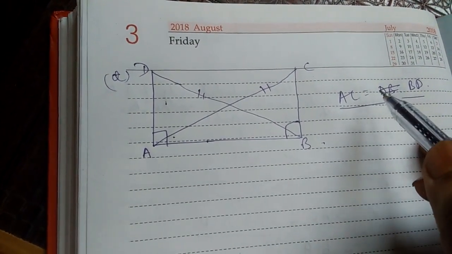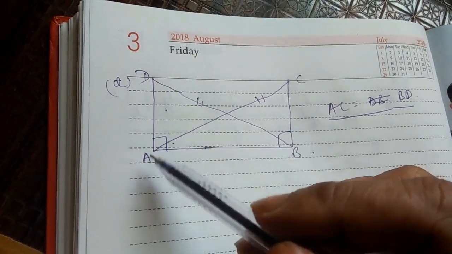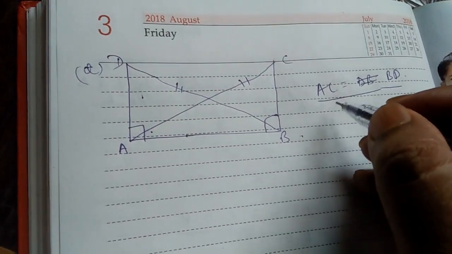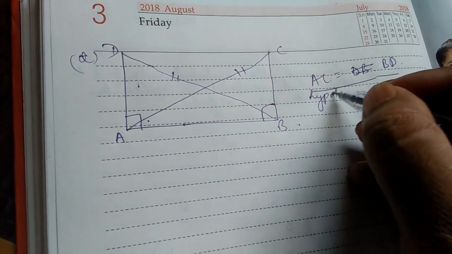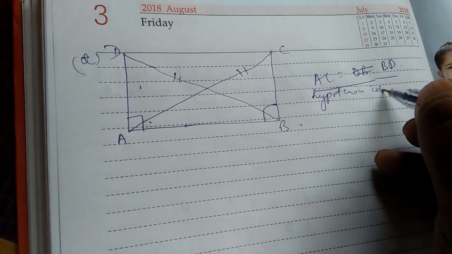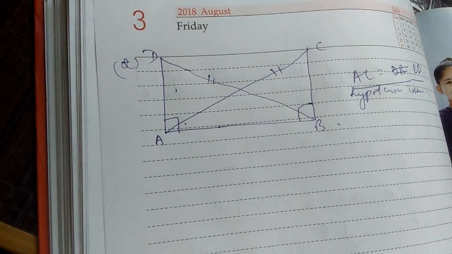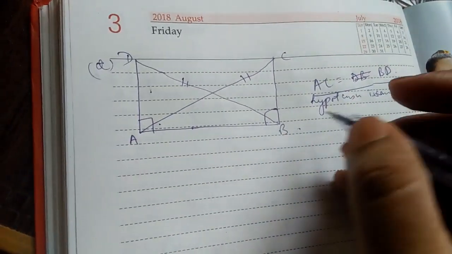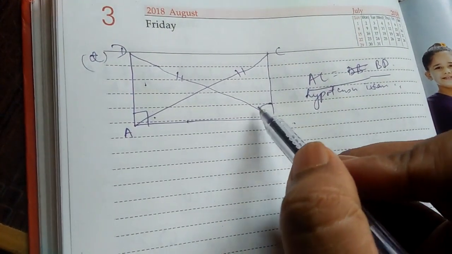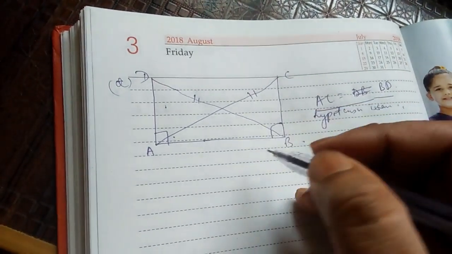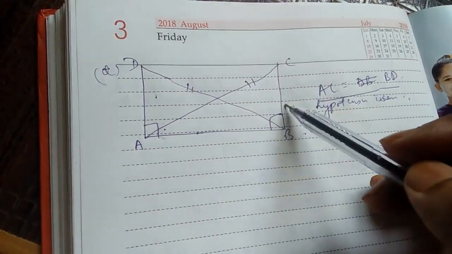So the hypotenuse is the same. This particular angle is equal to this particular angle.